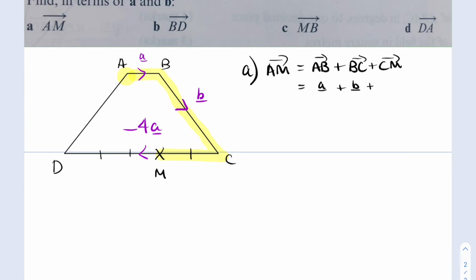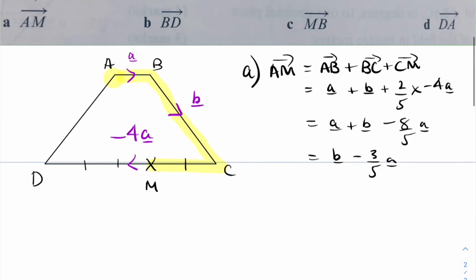So 2/5 times minus 4A. So A plus B minus 8/5 A, which simplified is B minus 3/5 A. So that's part A.